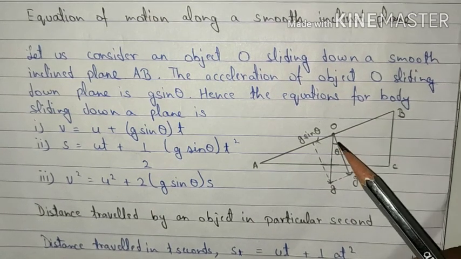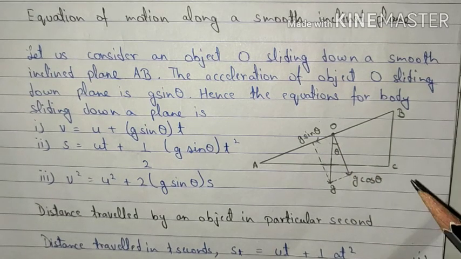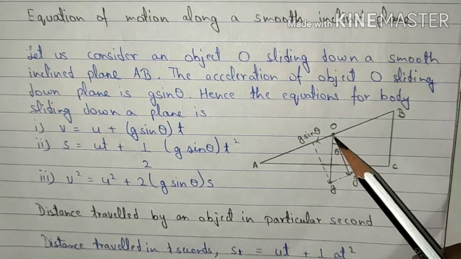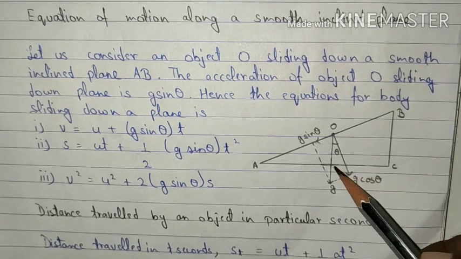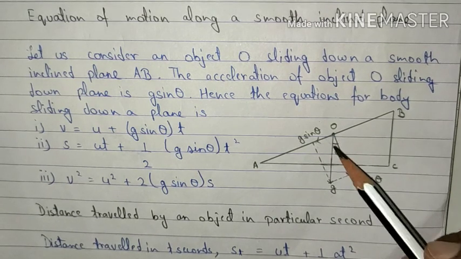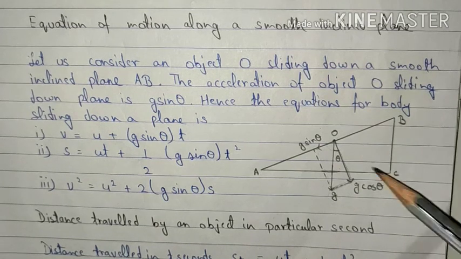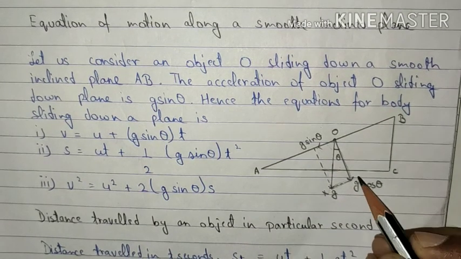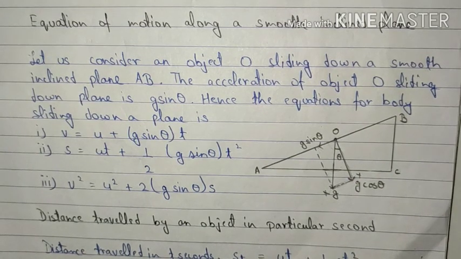Now, if we draw a line perpendicular to AB at the point where O is in contact with the plank, we see that it forms an angle theta with the direction of gravitational acceleration, that is, the vertically downwards direction. If we name this triangle X, Y, O, what do we get?